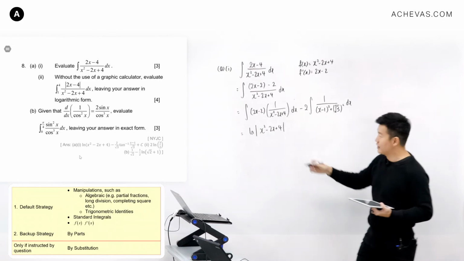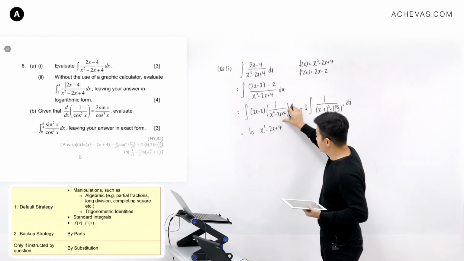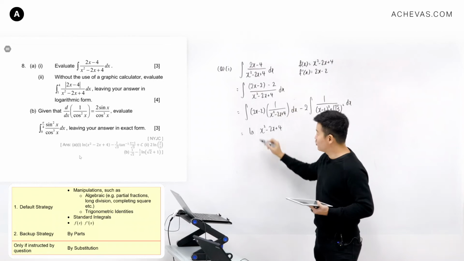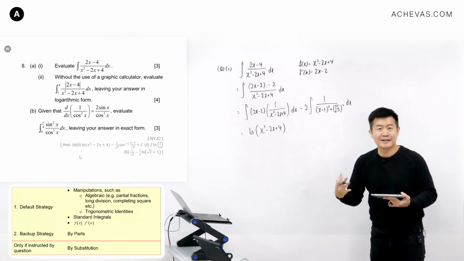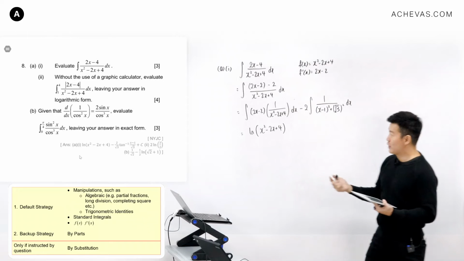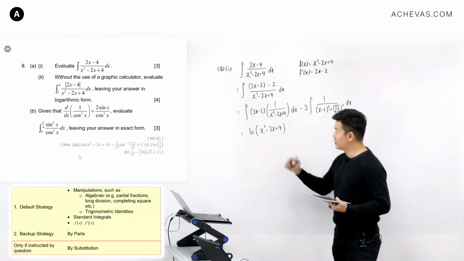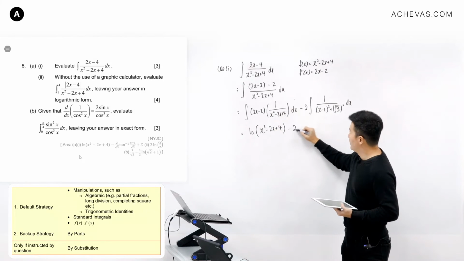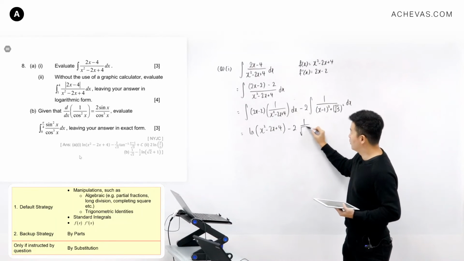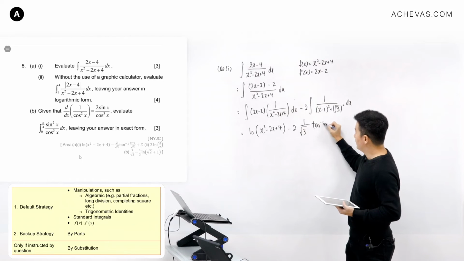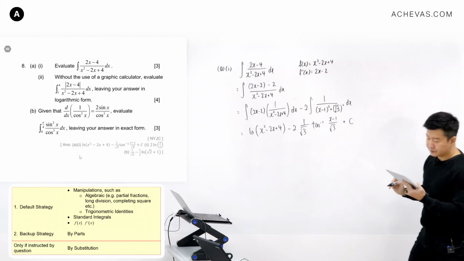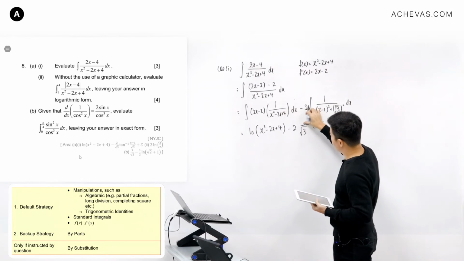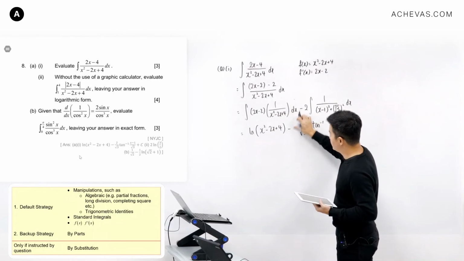If you manage to recognize that, it will be a bonus, although it is not going to get you extra marks, but it's probably going to give you a bit of favor because you are algebraically more sensitive. Minus 2 of 1 over square root of 3, tangent inverse of (x minus 1) over square root of 3 plus c. I probably should just write the 2 here, okay? So I have this as my answer.